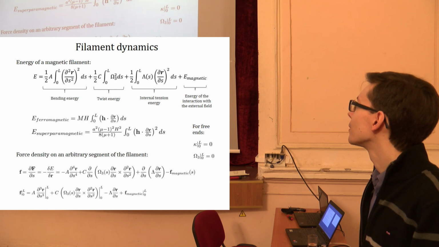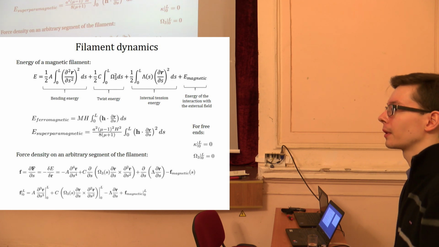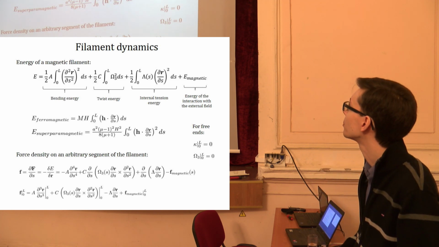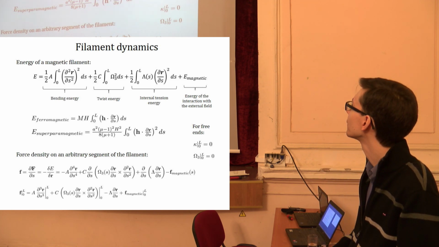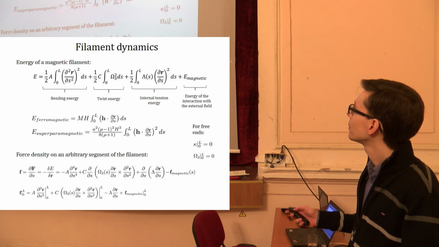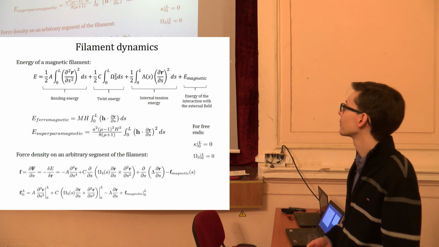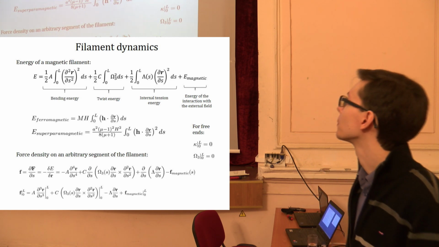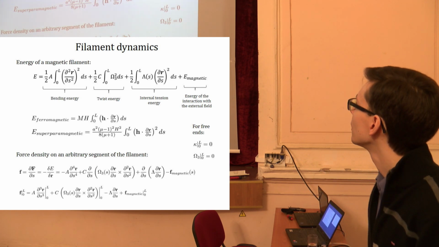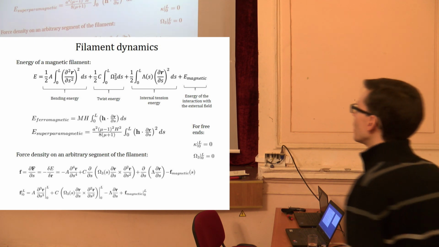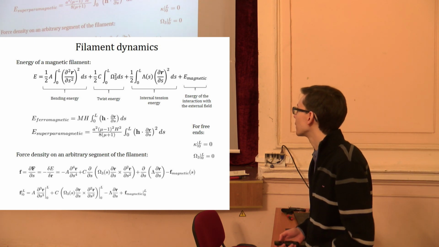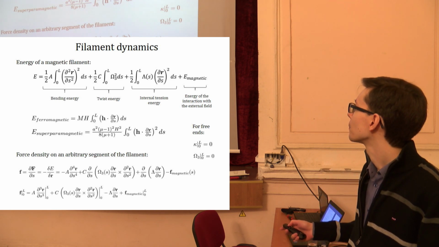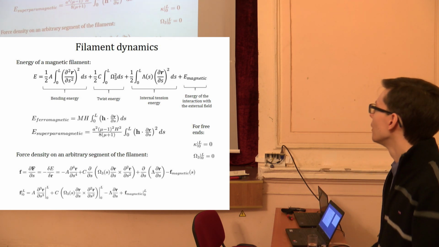It may be seen, depending on a particular application, as either the manifestation of a physical internal tension or simply a Lagrange multiplier approach to conserving the length of the filament. Then depending on the material of the filament, whether it is superparamagnetic or ferromagnetic, you have different types of terms for the interaction energy with the external magnetic field. And then using standard techniques of variational calculus, we can derive expressions for the forces that act on the filament.